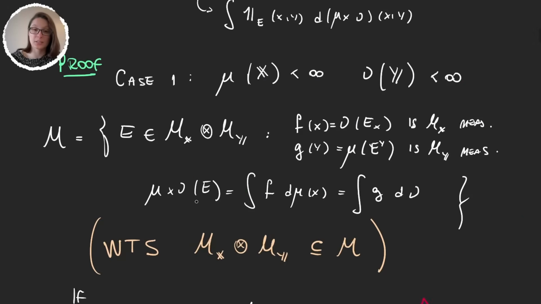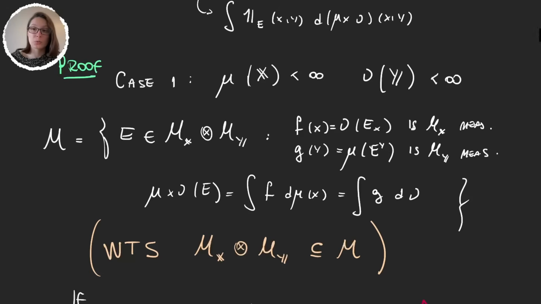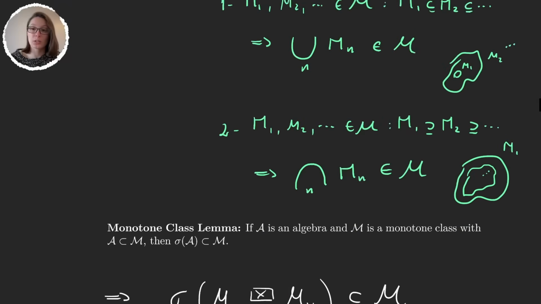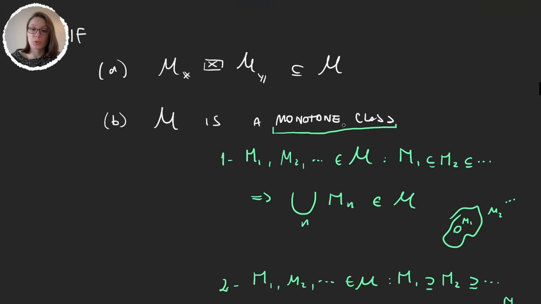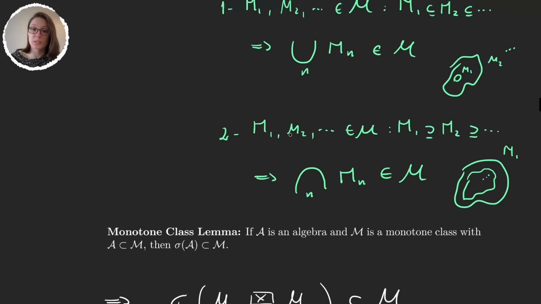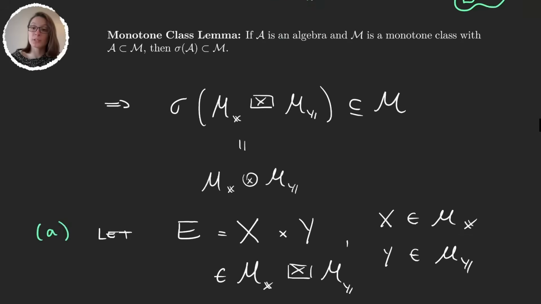Now E is the union of all these Mn's, so this union is an element in M. So that shows that when I took an increasing sequence of elements in M, then the union is in M. Now we would need to show that when we take another sequence, now decreasing, then the intersection is in M. But the proof for that will follow very similarly.